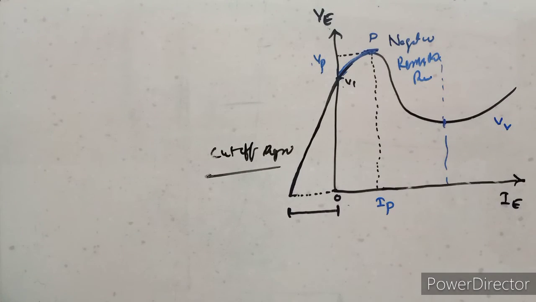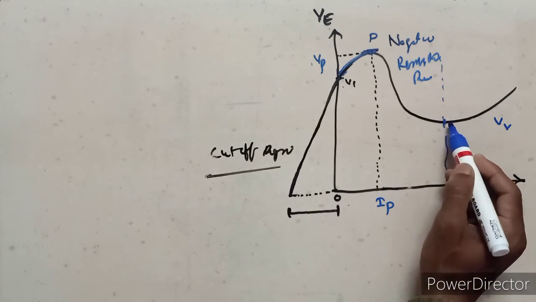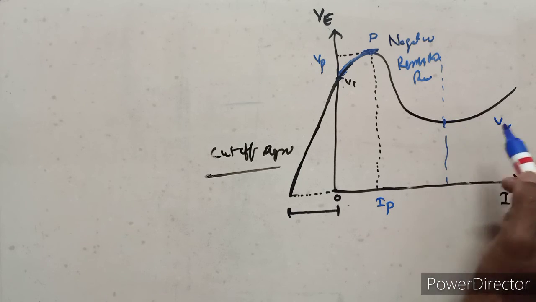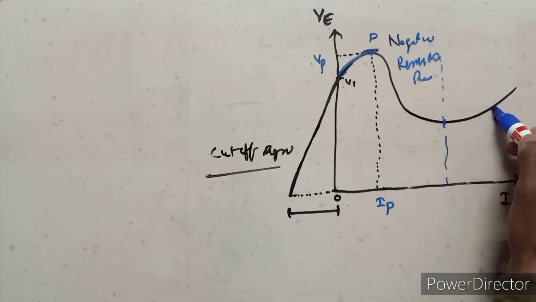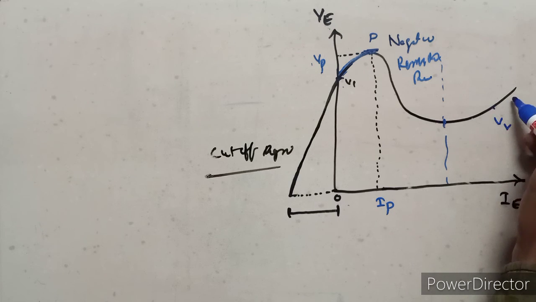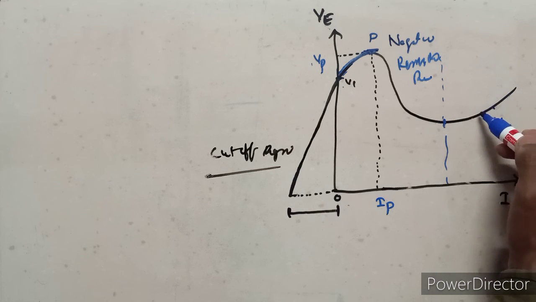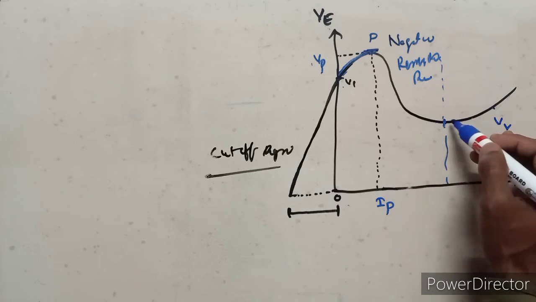Next one, increasing VE voltage after the valley voltage. Increasing VE after the valley point, the device enters into the saturation region.